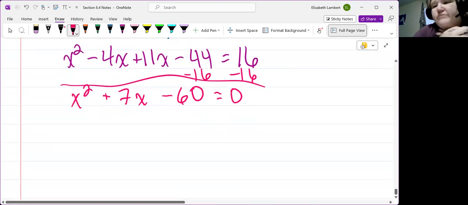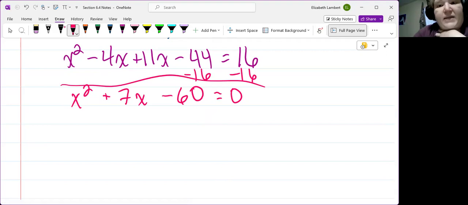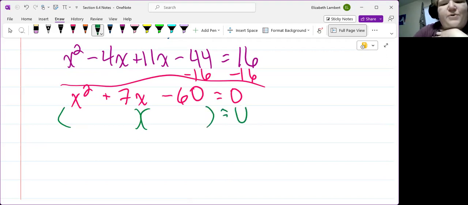Now, again, if you don't feel like trying to factor this, that's fine. Quadratic formula will work. Just make sure you're very good at that. If you are not as comfortable with that, 60 has a lot more factors than that 3 we had in the previous one, but not so many.